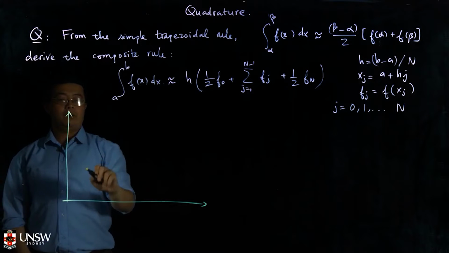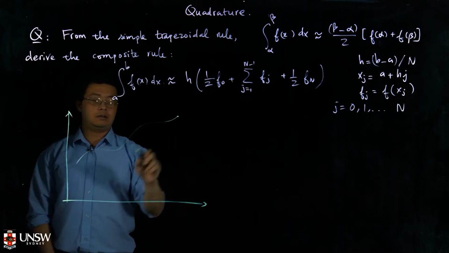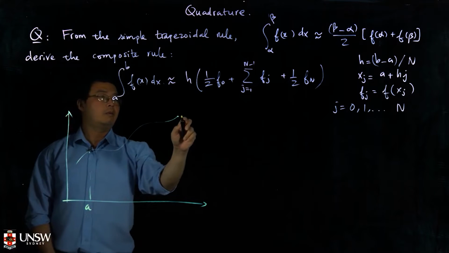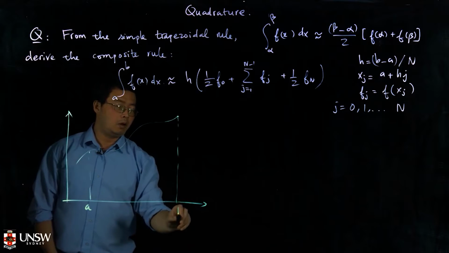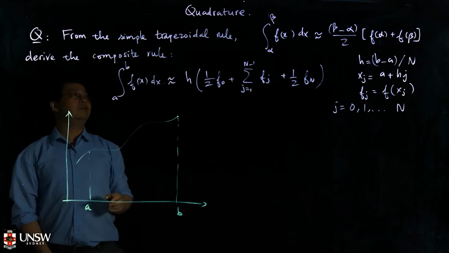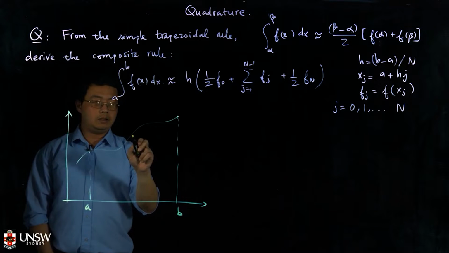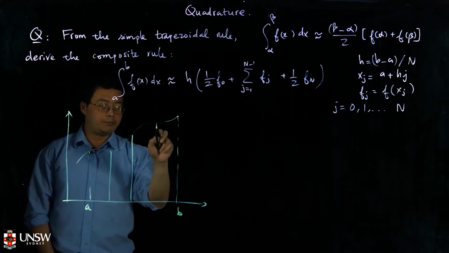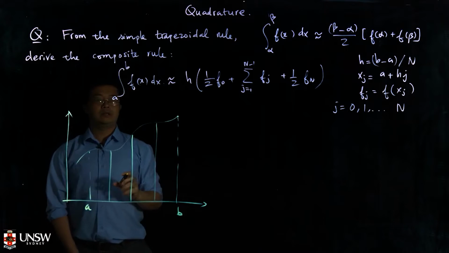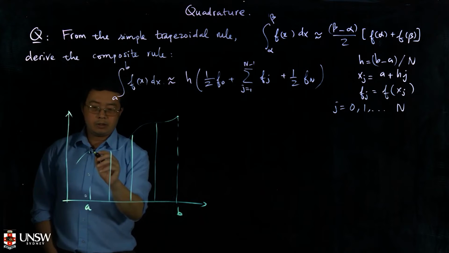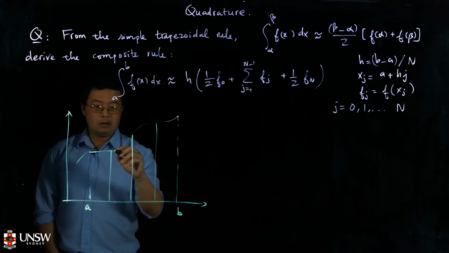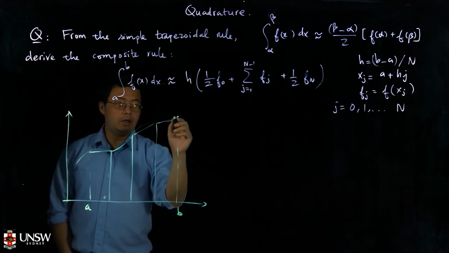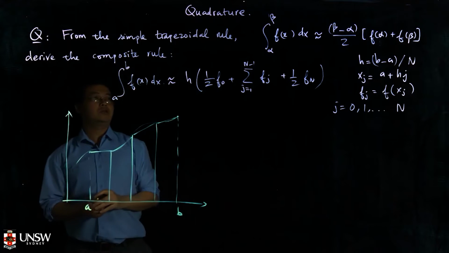Suppose your curve is like this, from A to B, and you try to find the area under the curve, and you do it by cutting it into equally spaced trapeziums, and then you approximate the area under the curve by the sum of the areas of the trapeziums.